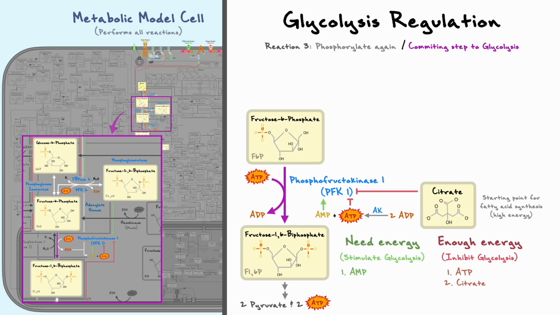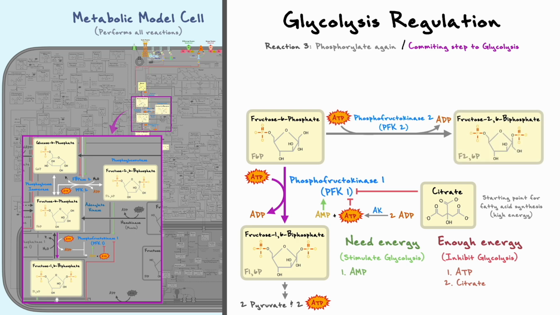This modulator in question is fructose 2,6-bisphosphate, which is produced by the phosphorylation of fructose 6-phosphate by PFK2. F26P can also return to F6P via the dephosphorylation mediated by fructose bisphosphatase 2. Now, the F26P that is produced by PFK2 is a strong stimulator of PFK1, and it doesn't interfere with glycolysis in any other way.